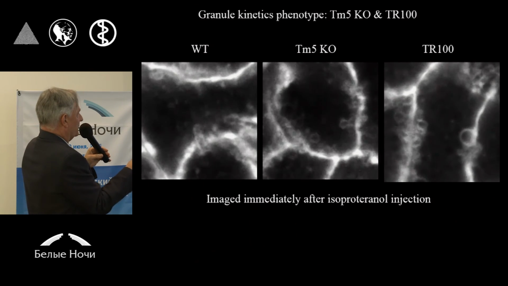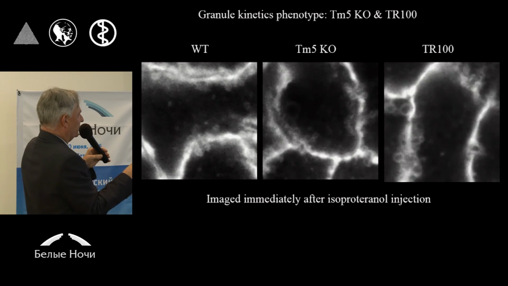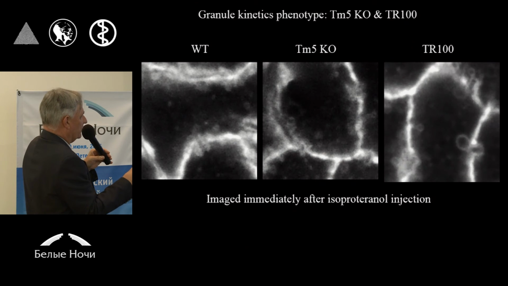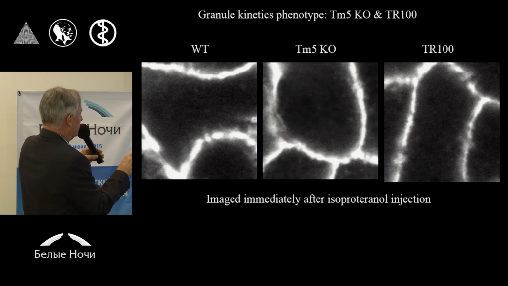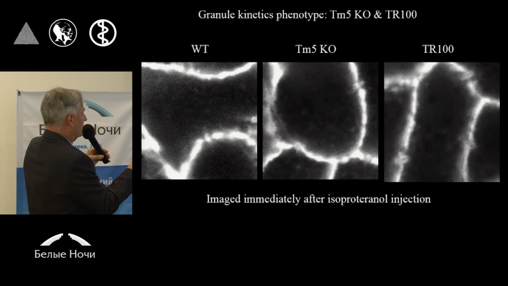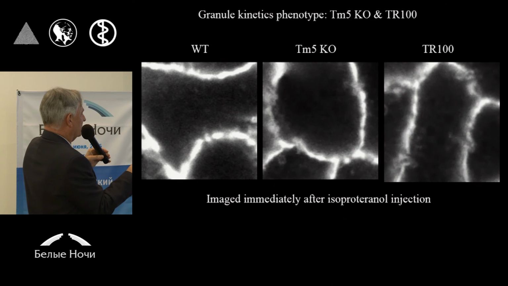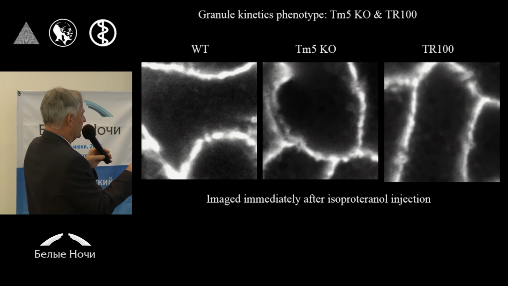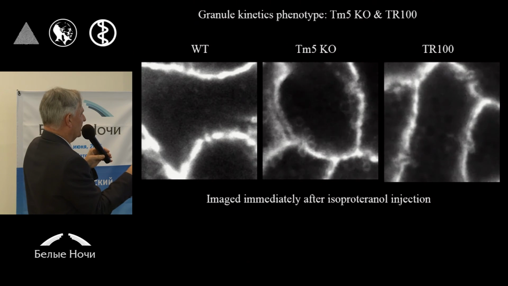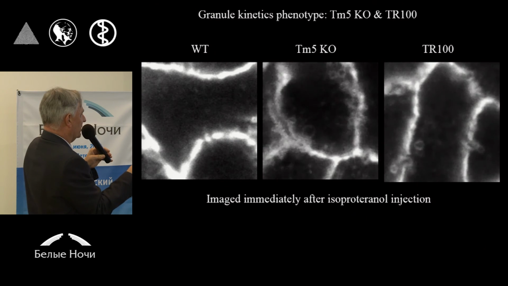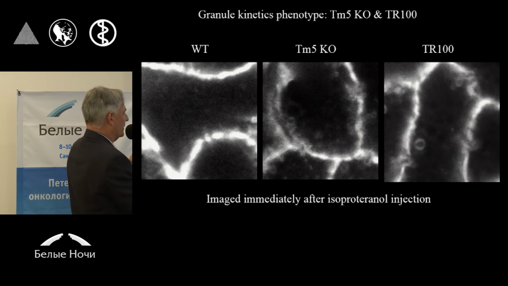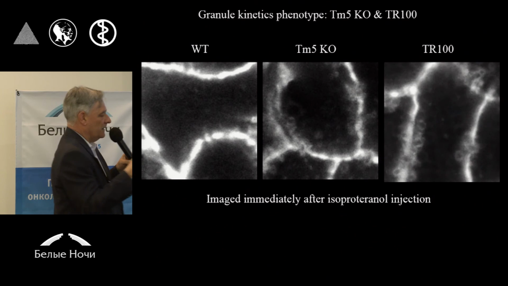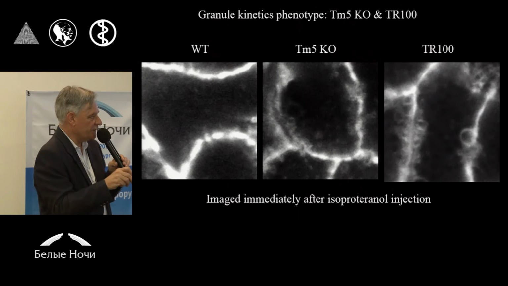In a knockout animal that has this gene knocked out, what I want you to notice is the size of the granules, because the granules in fact become substantially bigger. And then with the drug, they become even more impressively large. So this becomes a surrogate measure for the action of the drug.